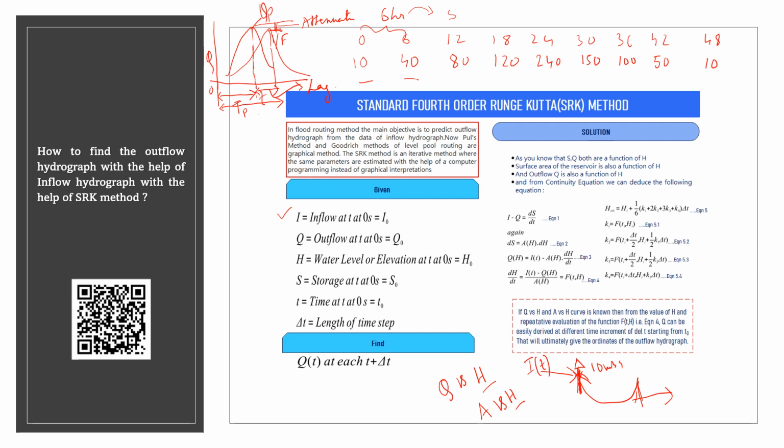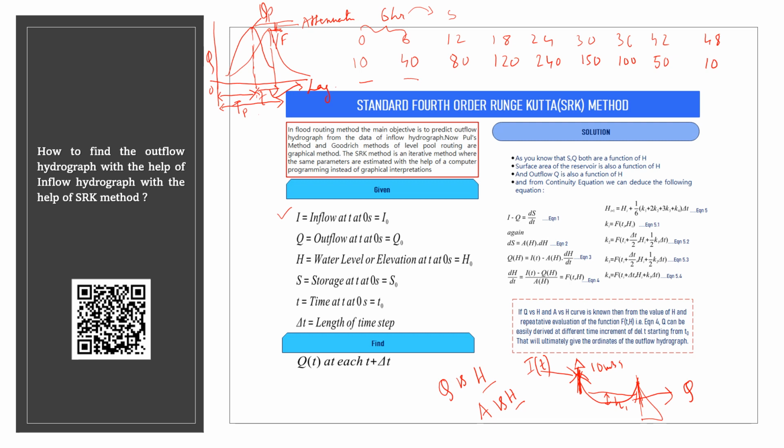But other than this inflow, take the example of the outflow Q. When the water level of a reservoir is at this place, H1, the potential energy stored in this H1 will be converted to kinetic energy when the gate is opened.